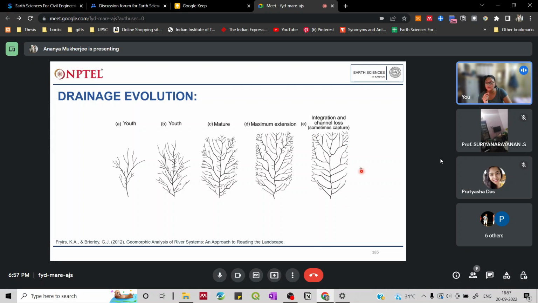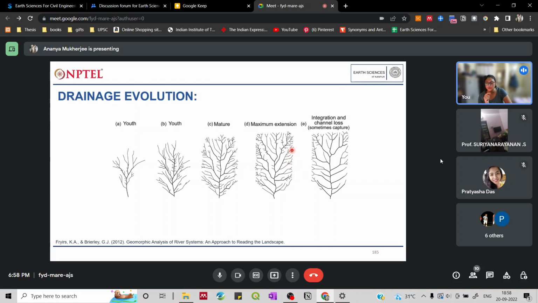This is where, as we explained with the oxbow lake, maybe the velocity of the river or the discharge in the river decreases, so some of the channels would be lost, especially the smaller order channels. Sometimes capture means that, suppose these two branches that you can see come together.